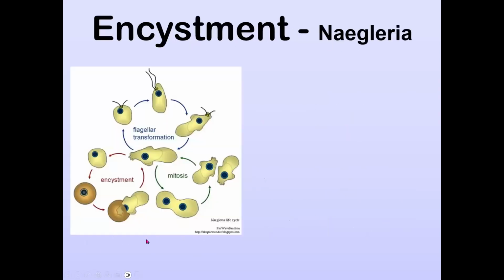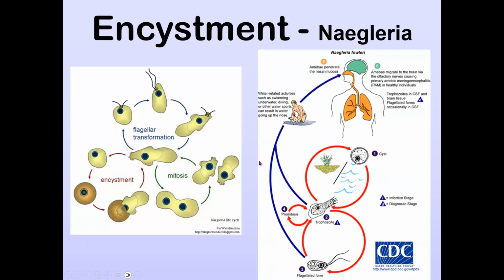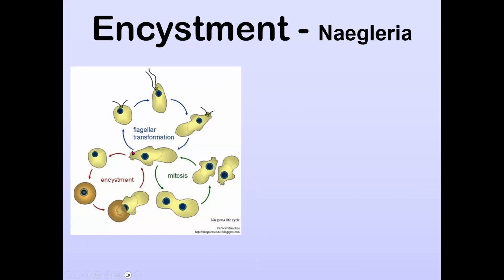So this is not Naegleria. It's an encystment. I think I've got some. Take it back. All right. So this is the normal one. This guy here, normally it's just part of its life cycle. It forms a little guy, and it becomes that.